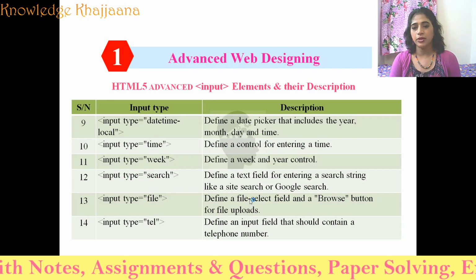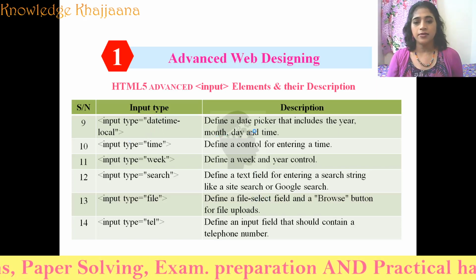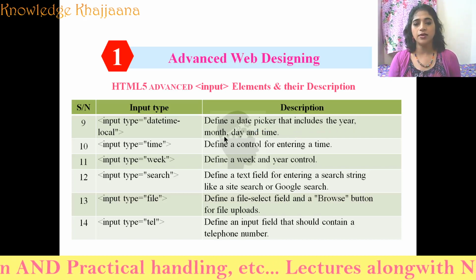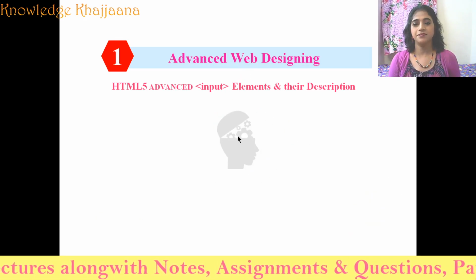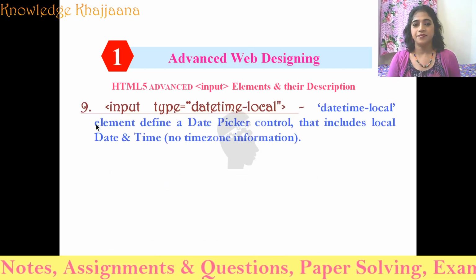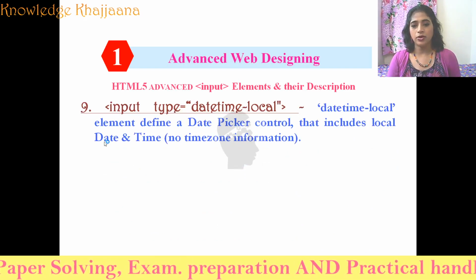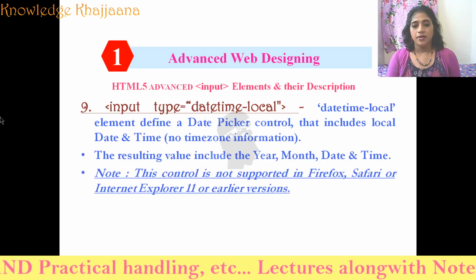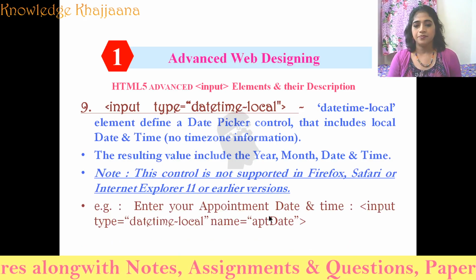The next input element is datetime-local. What does this mean? It defines a date picker that includes the year, month, date and time. The resulting value is the year, month, date and time.